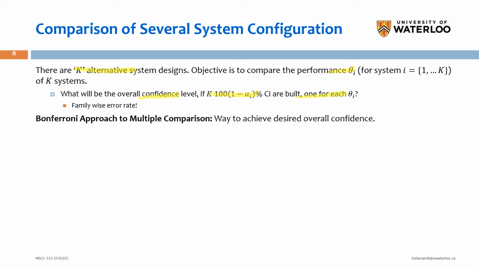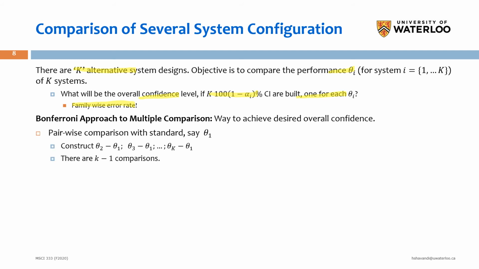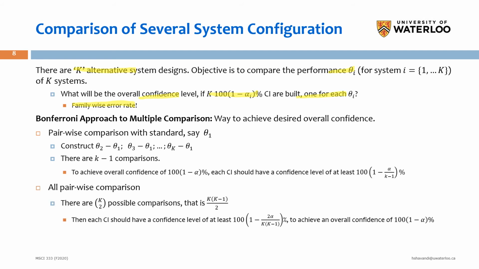Okay, so here we mean a family-wise error term. Okay, so here we have a method. It's called the Bonferroni method or Bonferroni approach for multiple comparisons, and by doing so we will obtain a confidence level for each comparison in order to have a confidence level in total for all comparisons. I mean the family-wise error term.